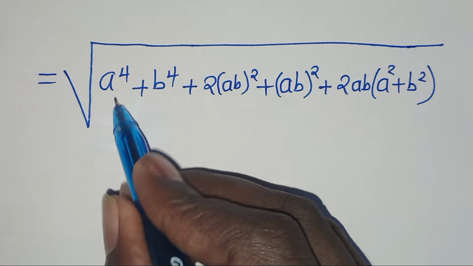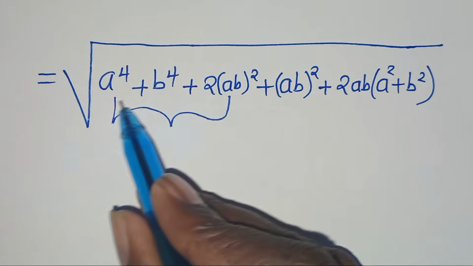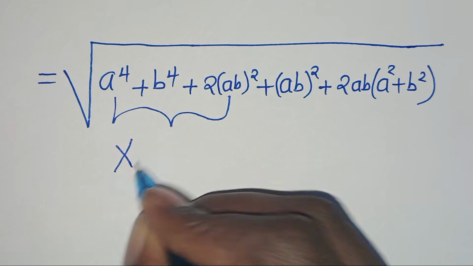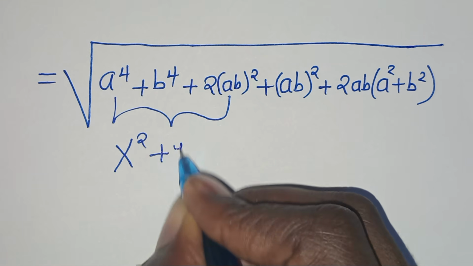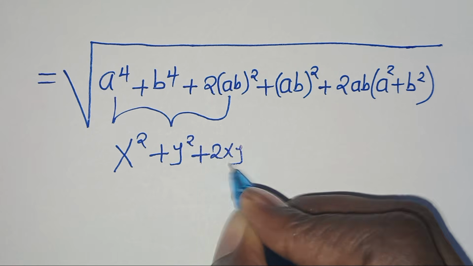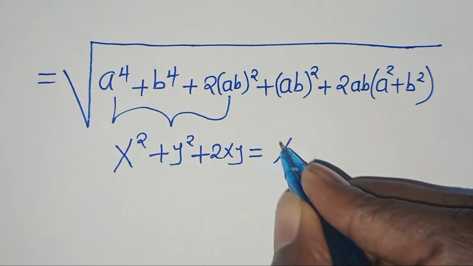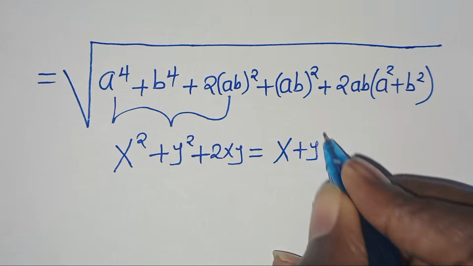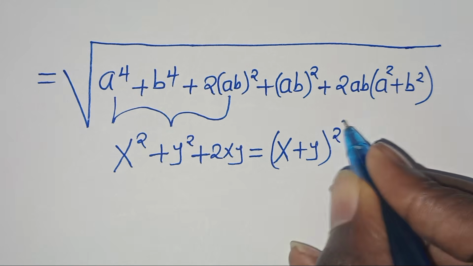Now we have that this particular part here is in the form of x squared plus y squared plus 2xy, which you can express as x plus y raised to the power of 2.